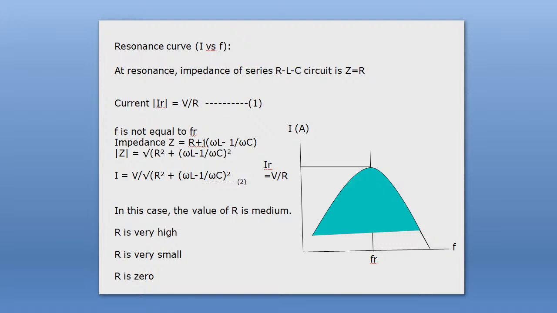Therefore, for an increment of R, your curve will become a flat curve, and if R decreases, it will become a peaked or sharp curve.